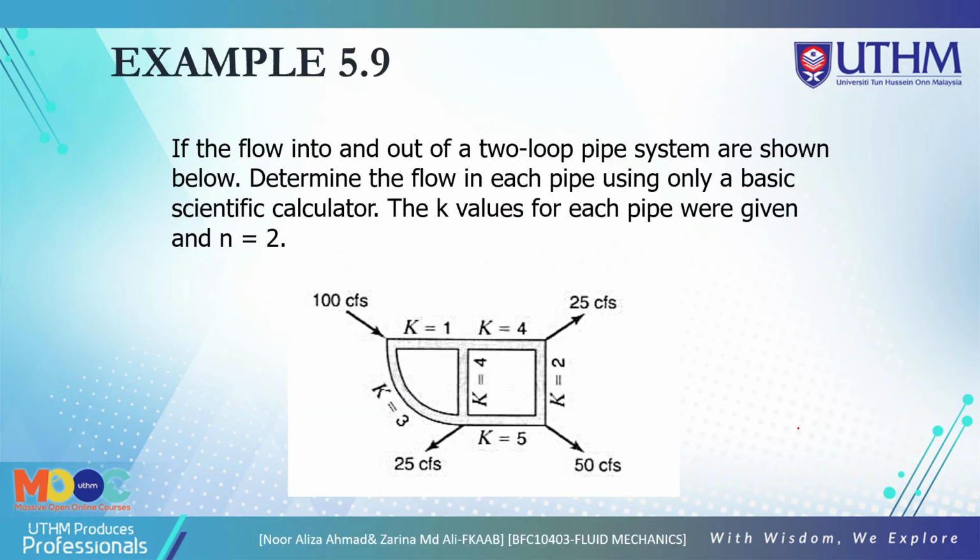Now we look at an example here. The flow goes into and out of two loops. This is the inlet, and this is an outlet, and this is also an outlet.